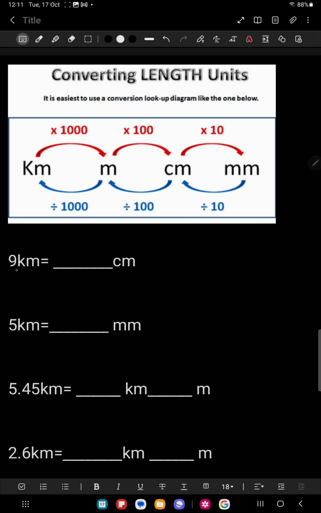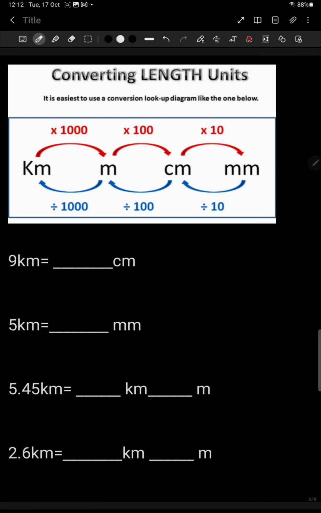Check the unit over here. Here is kilometer and we are converting into centimeter. This we need to check very carefully. This is kilometer and we are going to convert it into centimeter. So from kilometer to centimeter we have two jumps, one with the 1000 and the other with the 100.